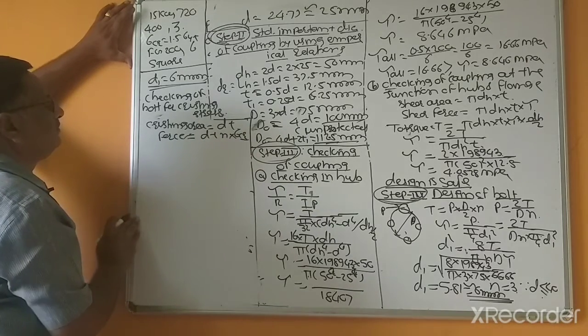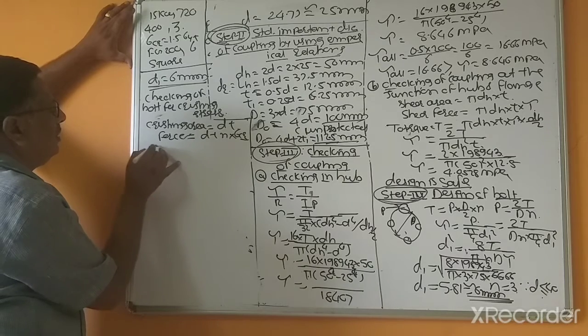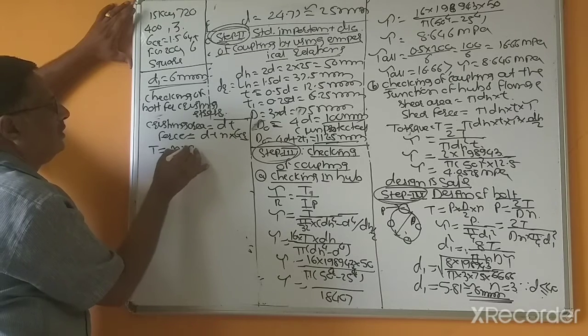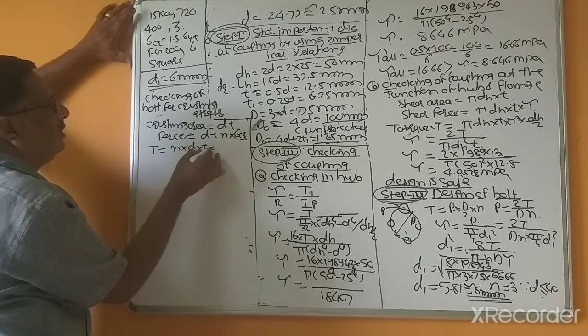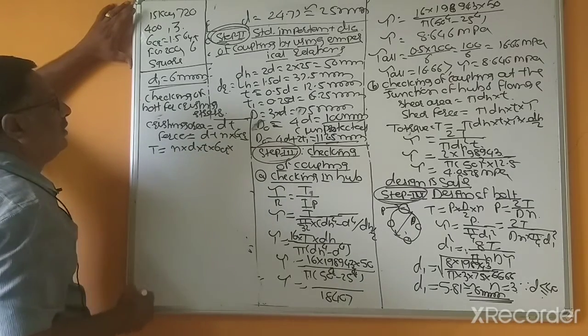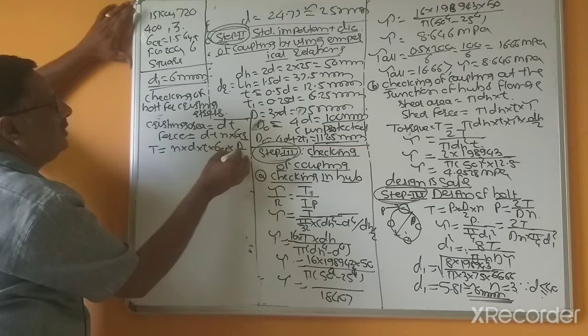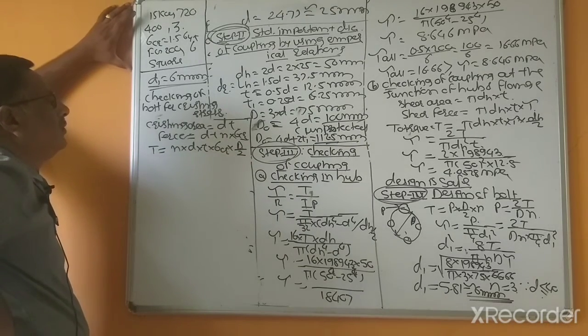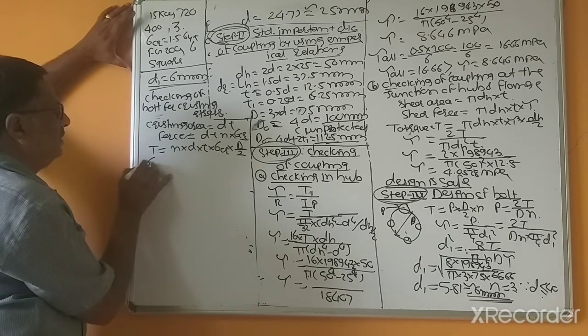alright, and torque equal to n into d into t into crushing stress multiplied by capital D divided by 2. This is right, right.